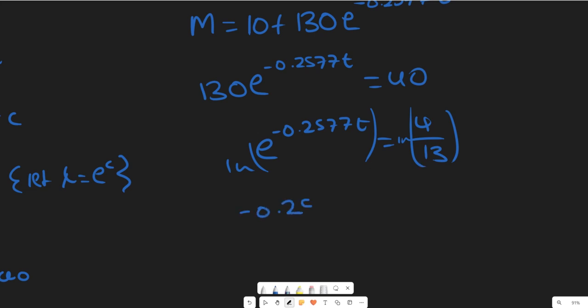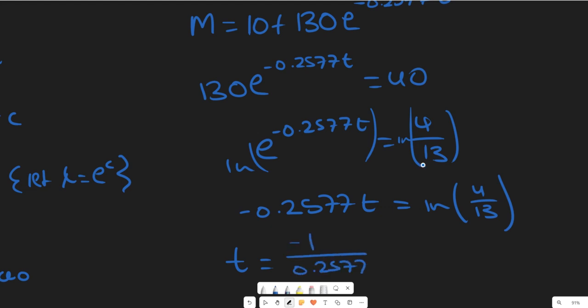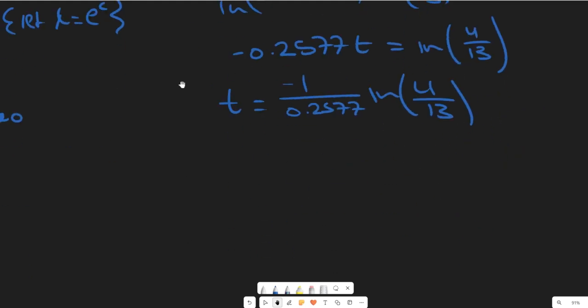And so we're going to get negative 0.2577 times time is ln of 4 on 13. So therefore t is going to be negative 1 on 0.2577 ln of 4 on 13. And putting that in my calculator, I get t equals 4.57 hours.